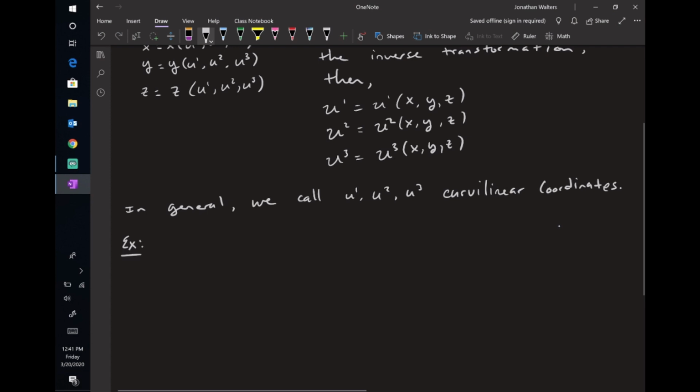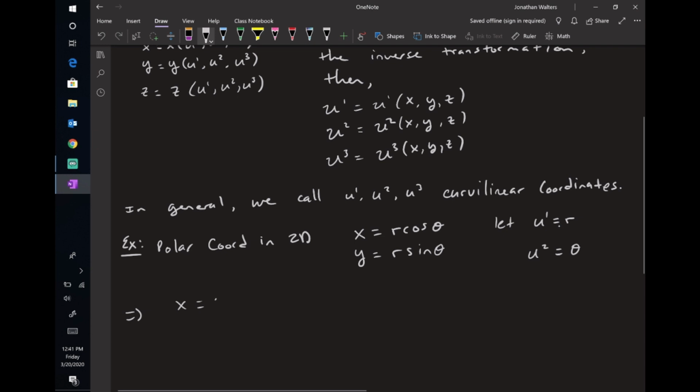For example, we could have polar coordinates in 2D, where normally we would say x equals r cosine theta and y equals r sine theta. But if we want to use the notation u1 and u2, we can let u1 equal r and we can let u2 equal theta.